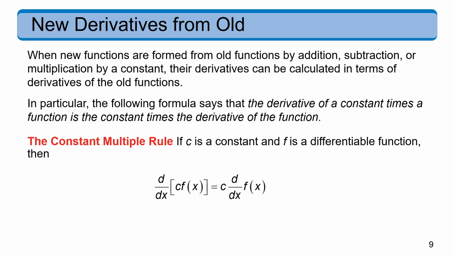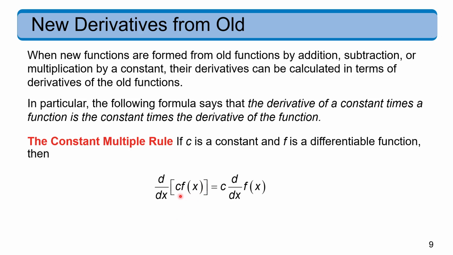So the idea is, if you have a function that's formed from smaller functions, for example, two functions multiplied together, or two functions added or subtracted, that type of thing, we can find formulas to find the derivatives of these more complex functions simply by knowing the derivatives of the smaller pieces. So the first of these rules is called the constant multiple rule. So here you're taking the derivative of a constant times a function.